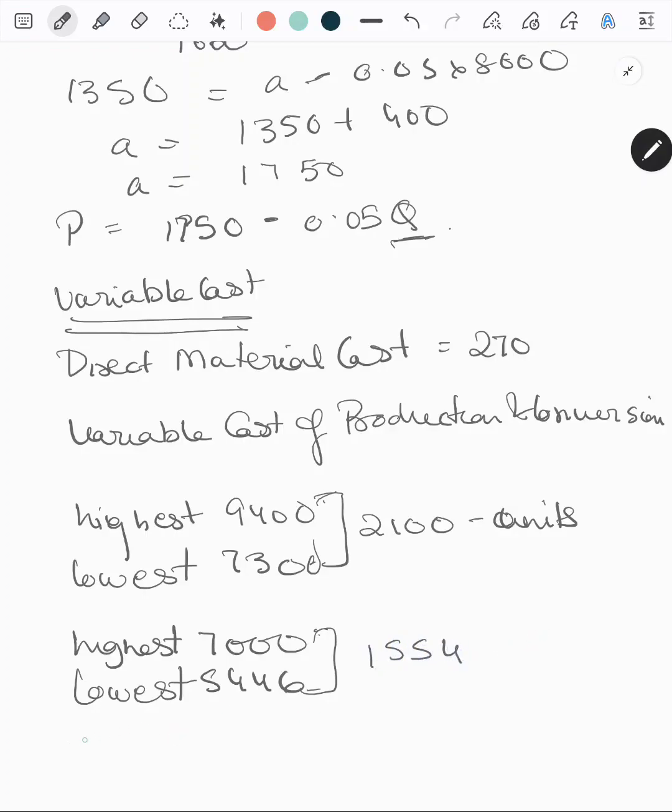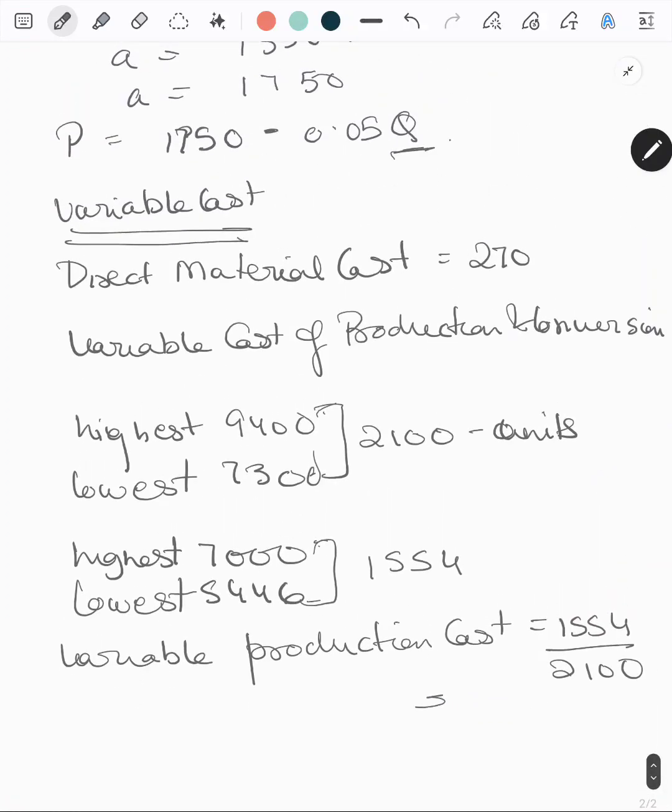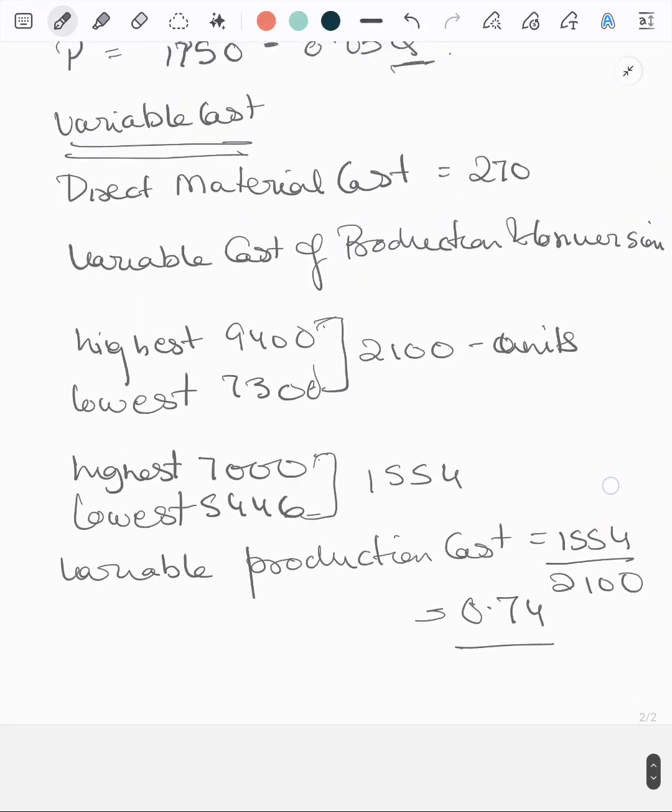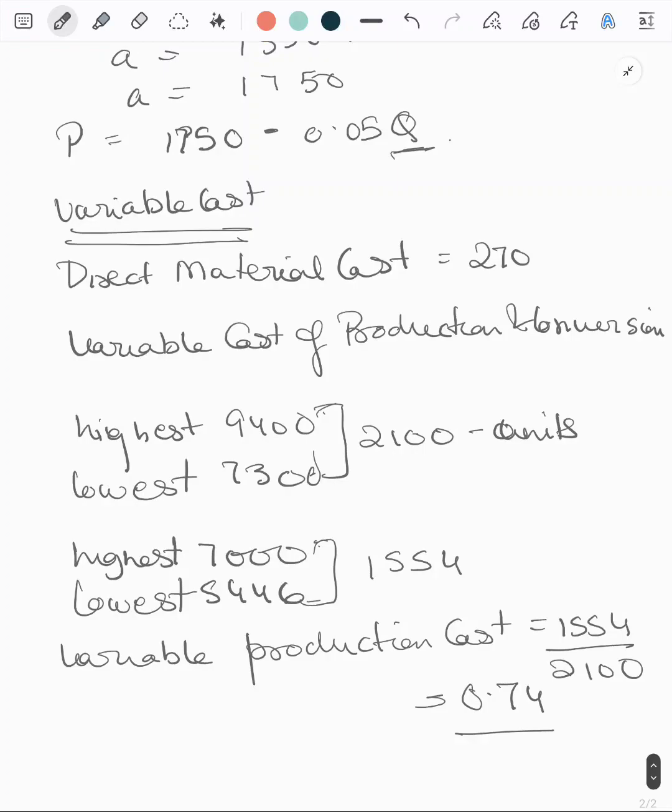So the variable production cost per unit is 1,554 divided by 2,100. This is this much. Okay, this is highest and this is lowest.